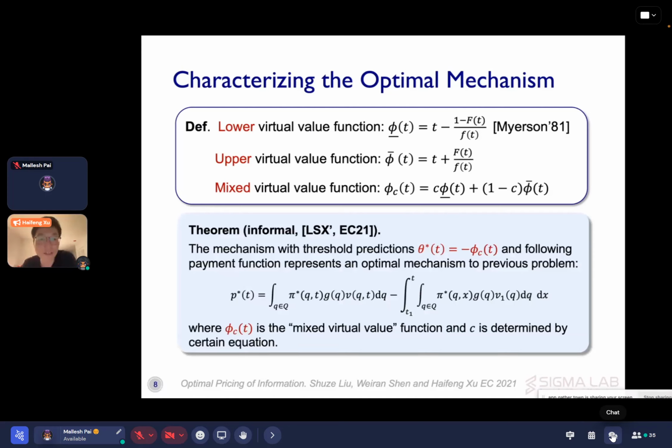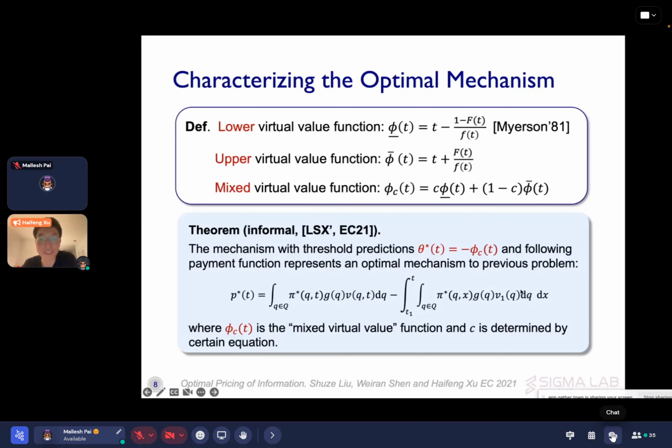The following mechanism is actually optimal for the previous problem. Essentially, the mechanism uses threshold predictions theta star t, which, recall, is a threshold experiment, and theta star is simply the mixed virtual value function of the type t. Recall that theta star depends on t.